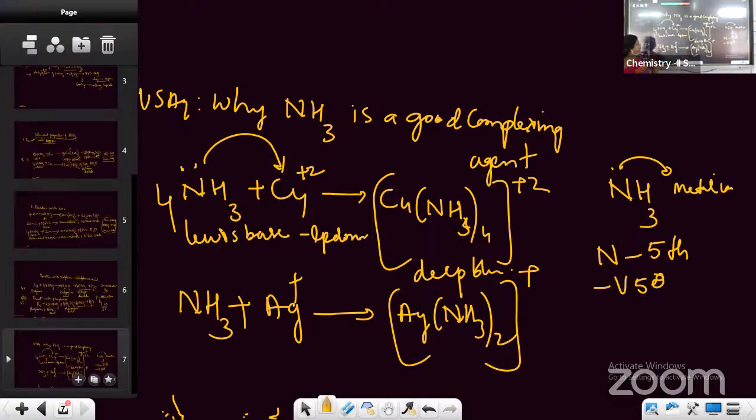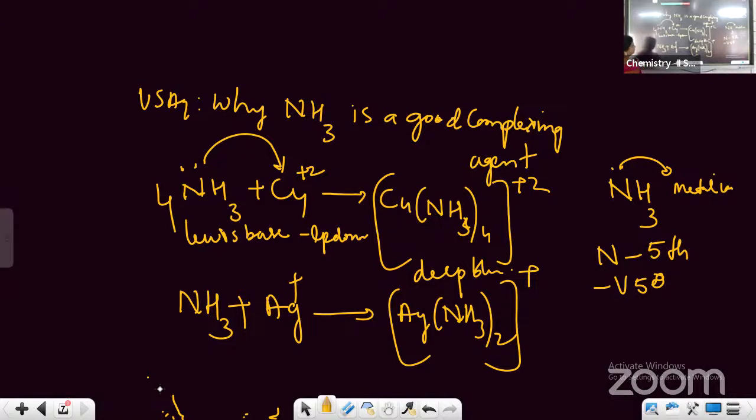Since it has this lone pair of electrons, it is able to donate it. That is the reason it acts as a good complexing agent. Copy this. Important, students: why ammonia is a good complexing agent.